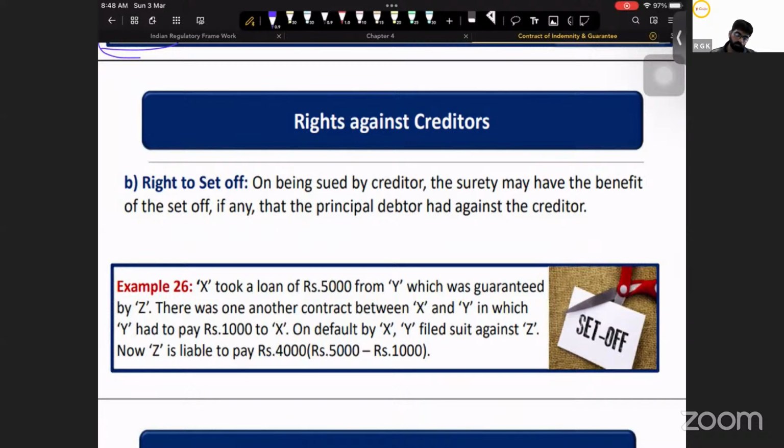Let us say contract number 1: Disha gives a loan of 1 lakh to Sneha, for which Deepak gives a guarantee. For this loan, Deepak is the surety.